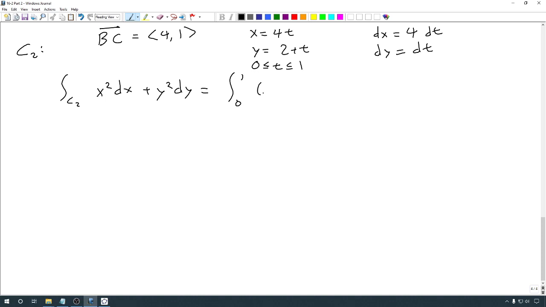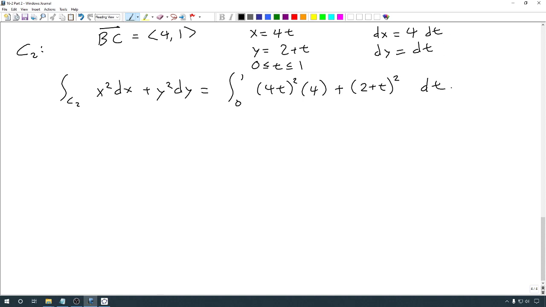So we're integrating from 0 to 1. x squared is 4t squared. We're just using that formula. But now we're multiplying by 4 dt, so we have to multiply that by 4. Plus y squared. y is 2 plus t, so we have 2 plus t squared times dy, but dy is just dt.